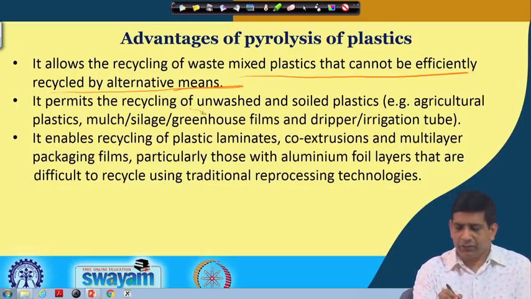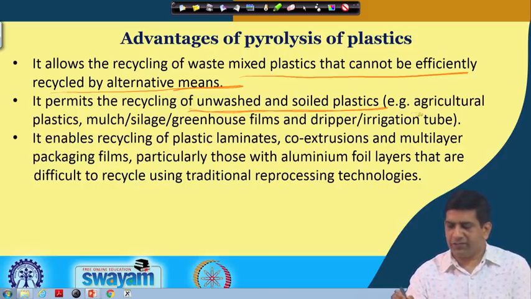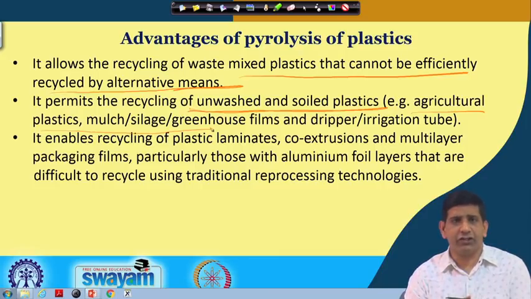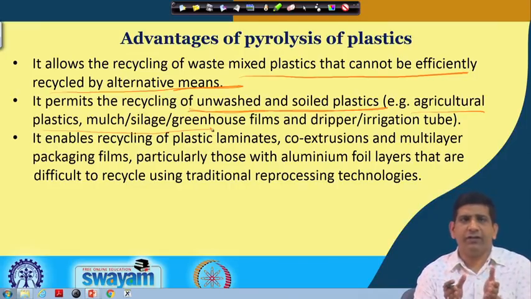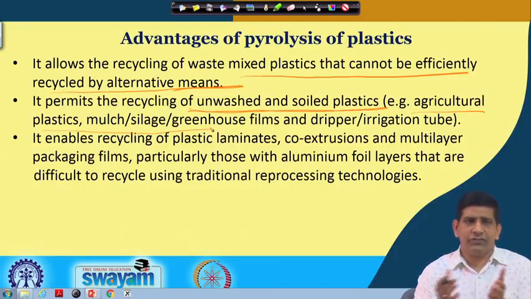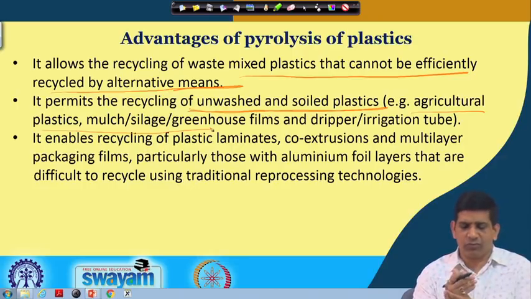And we can also do it for unwashed and soiled plastic, like agricultural plastic mulch, silage, greenhouse films, and drippers and irrigation tubes. Anything which has some soil or dirt attached, we can use that too. Although yes, the char that will be produced will have those impurities showing up, for the most part it will be okay.